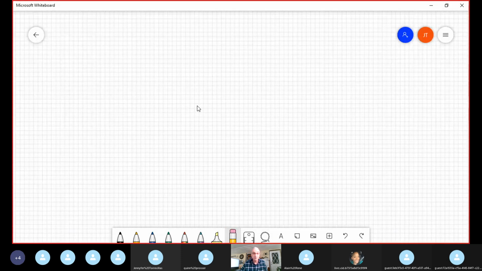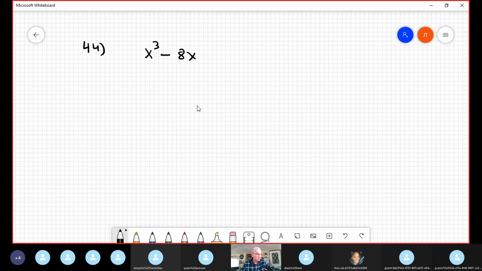Let's do 44. I want to find, the equation has a solution R in the interval indicated. Approximate this solution correct to the decimal place. So x cubed minus 3x minus 3 equals 0.